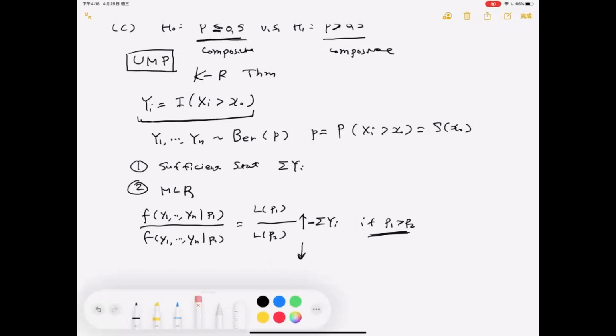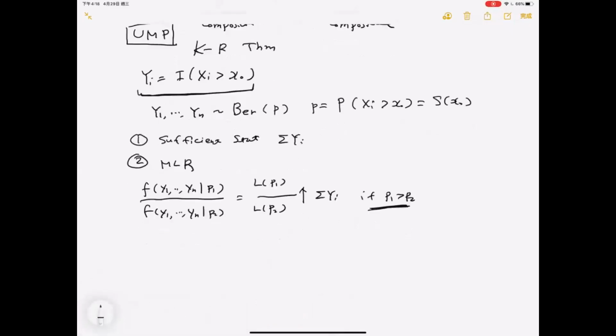Okay, hopefully I'm making sense to you. So I always say increasing function because switching between increasing and decreasing is just putting a minus on your statistic. Then if you show that, your likelihood ratio is an increasing function of the summation of Yi, given that P1 is bigger than P2.